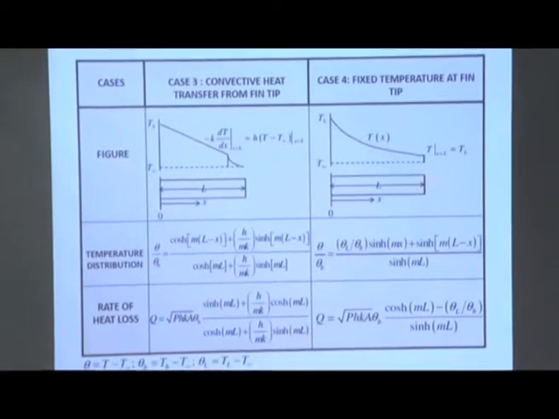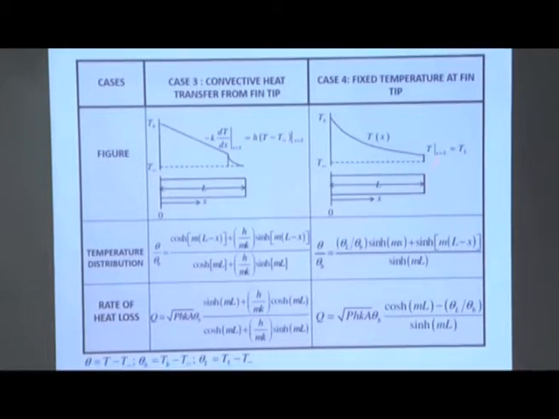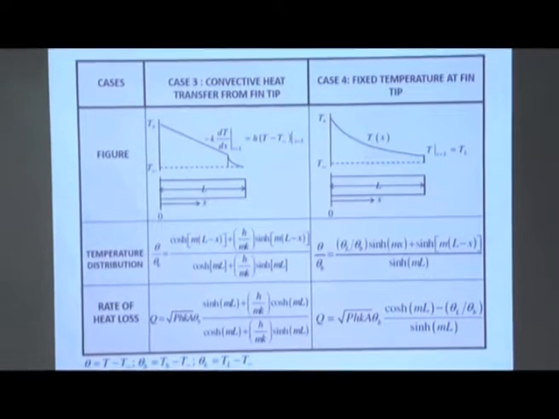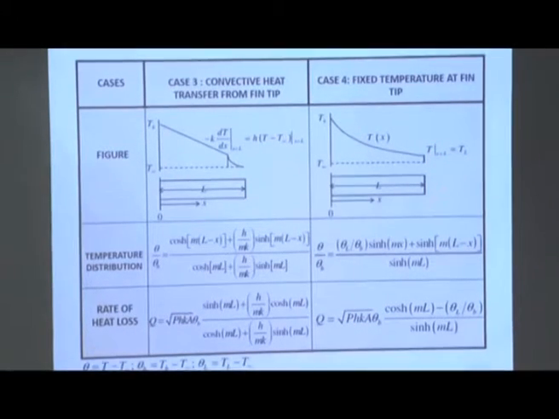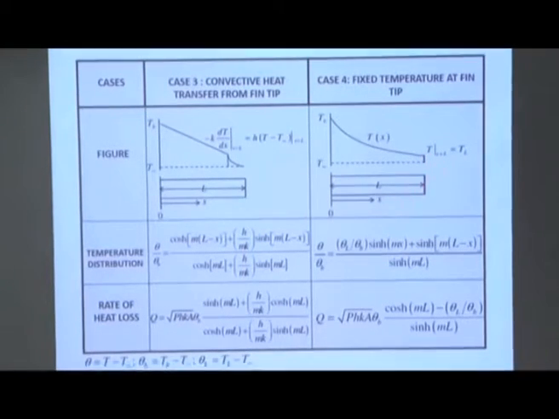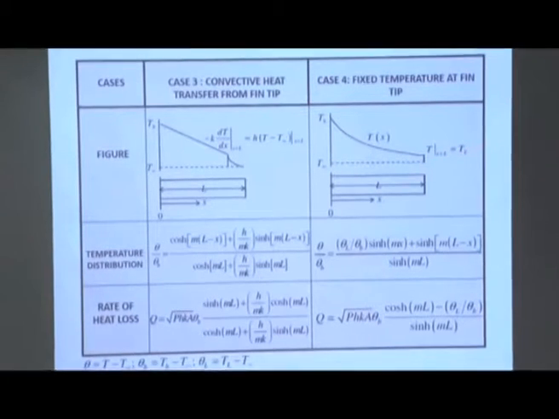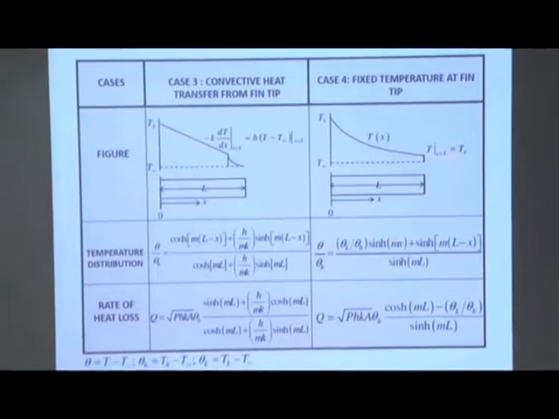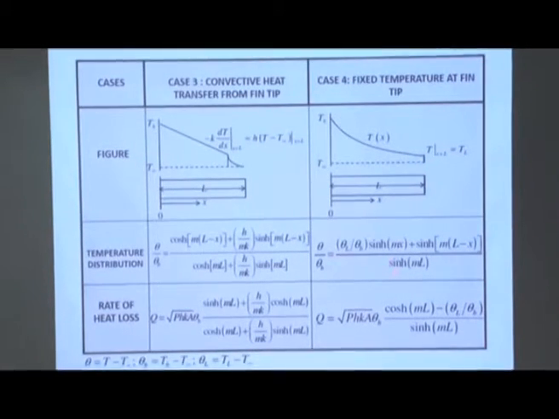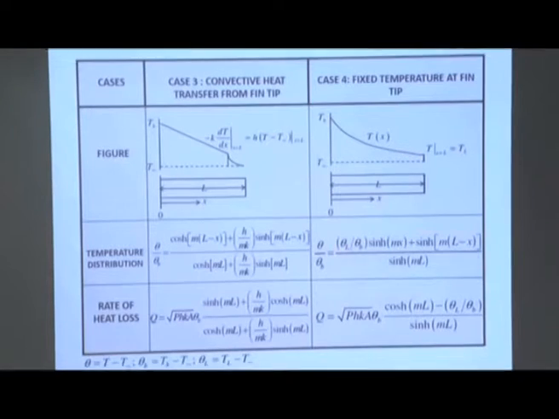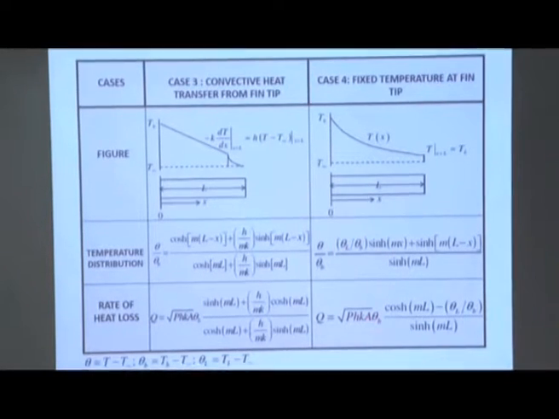Another case is where we fix the fin temperature at the end. By some arrangement of cooling fluid, we keep a fixed fin temperature. We are not much bothered how it is done, but mathematically we think as if the temperature is given at x is equal to L, T L. So we solve the equation, we know the boundary condition at x is equal to L, T is equal to T L. In that case, the temperature distribution is like that, and it doesn't reach T infinity.